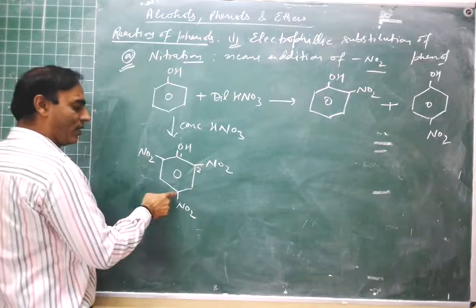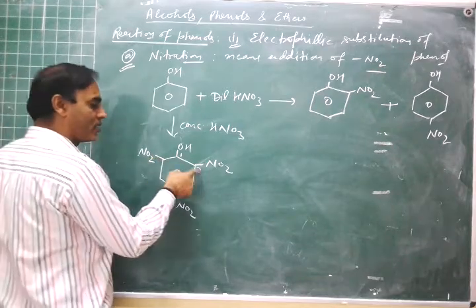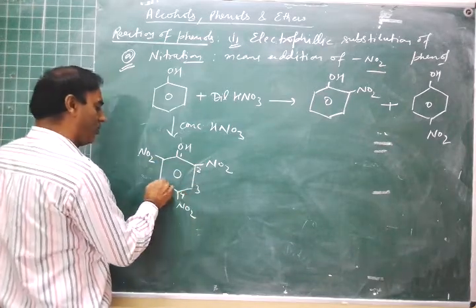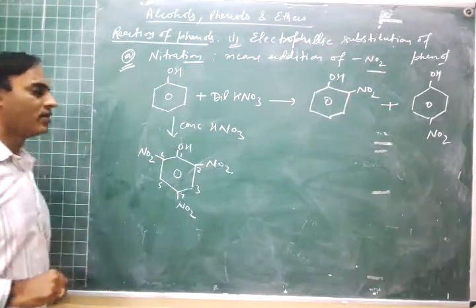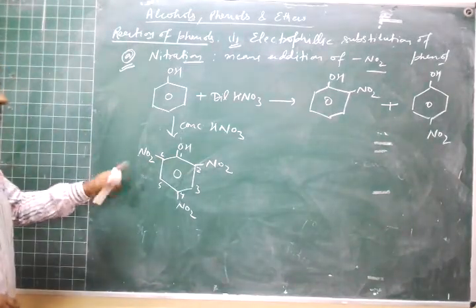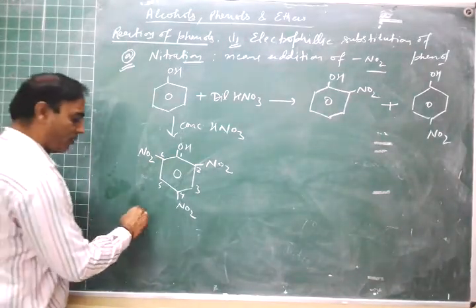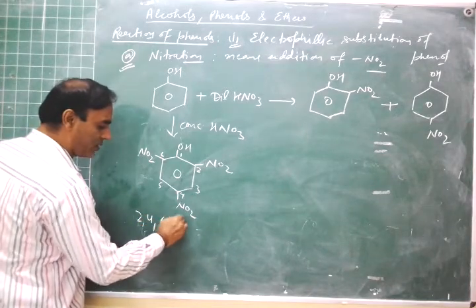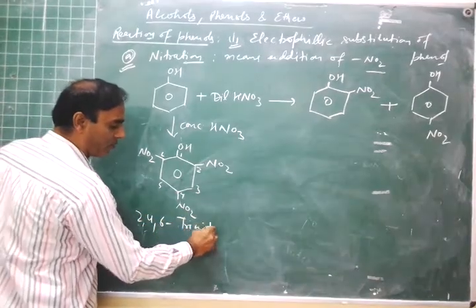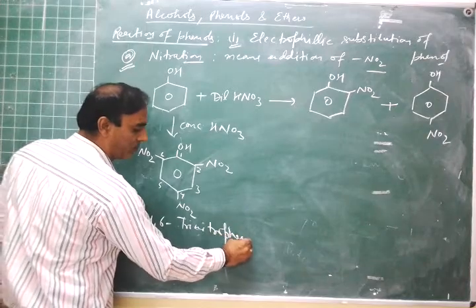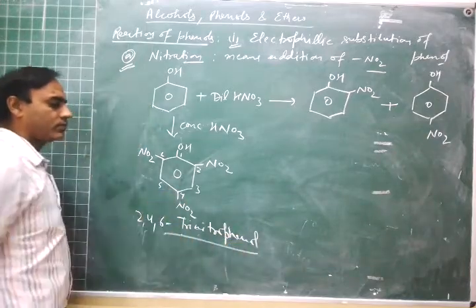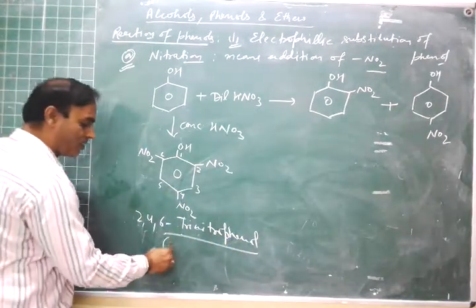At the second position, at the fourth position, and at the sixth position. First, second, third, fourth, fifth, and sixth. So this is known as 2,4,6 trinitrophenol, and its common name is picric acid.